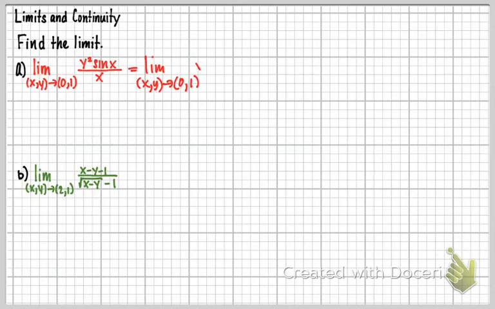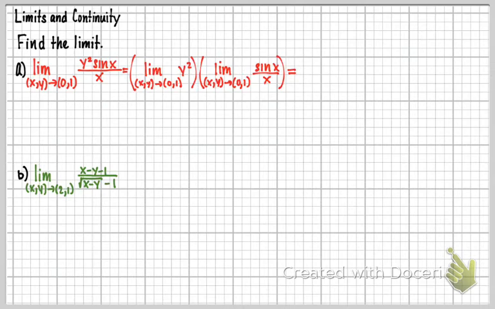So I'm going to try to split this up this way, and then times the other one, the limit as (x, y) goes to (0, 1) of the sine of x over x. Those are the two I'm going to break it into. I split the x's and the y's by product, which was okay. I didn't violate any rules there. Again, if one of these limits gives me infinity or does not exist, then this whole process doesn't work for me. So keep that in mind.